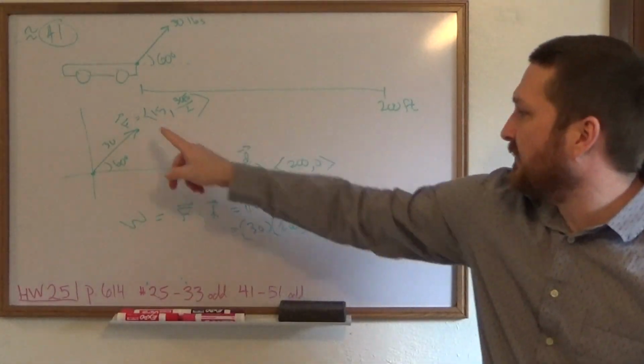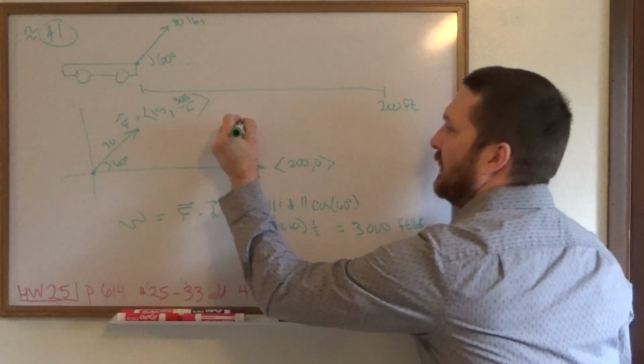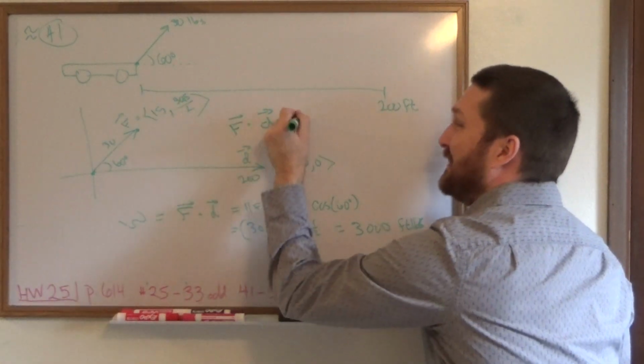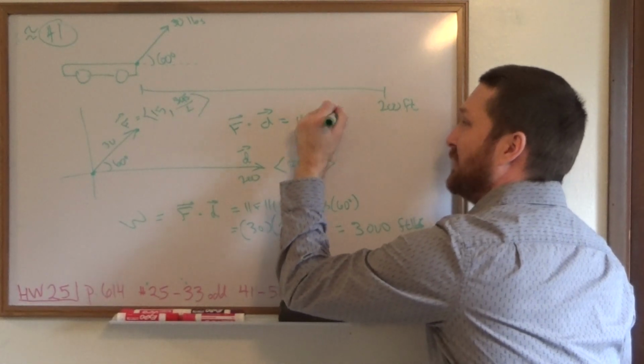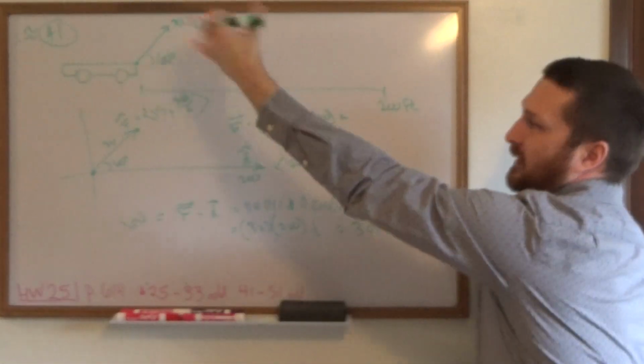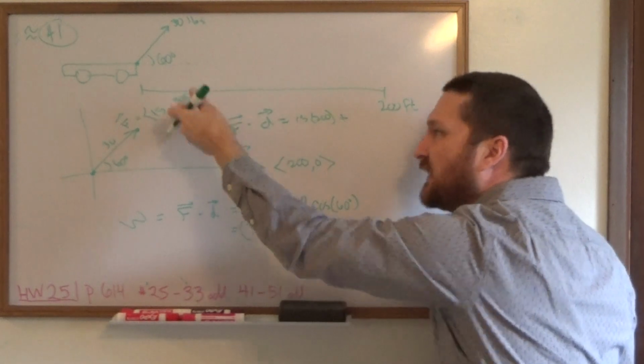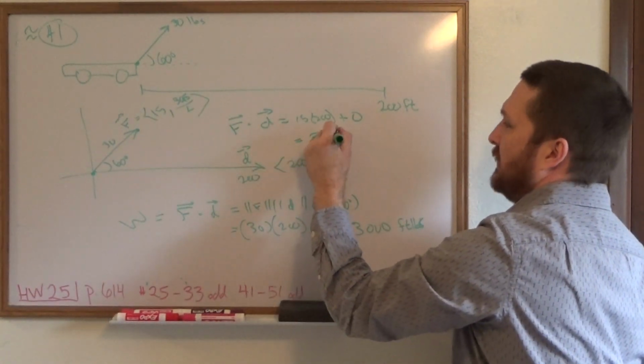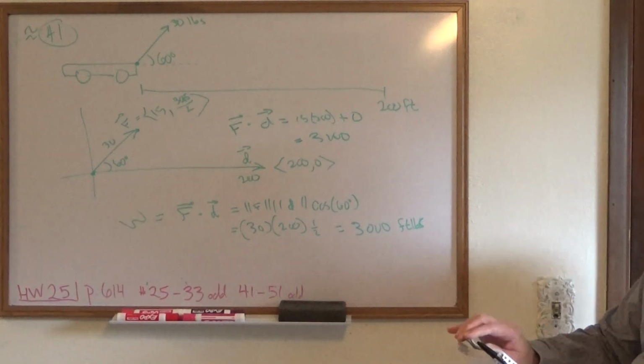And if you took the dot product of those two things, f dot d, you would have 15 times 200 plus 0 times the ugly thing that it took you forever to figure out. And you'd have a 0, and then it turns out to be 3,000. So it does work both ways, just so you know.